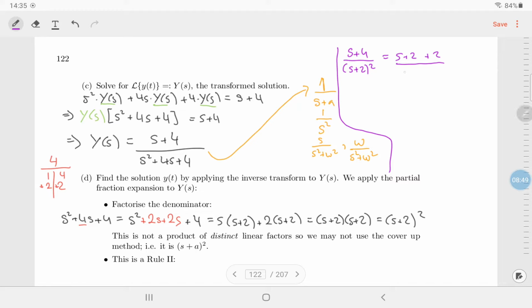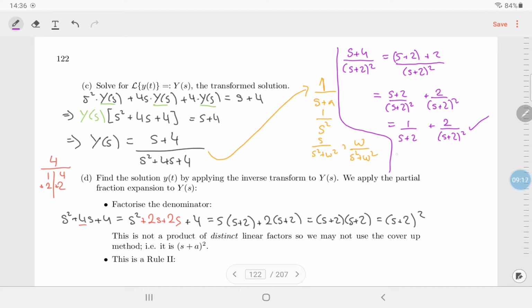You can still do it, but it's a bit messy. And then you can split this up as s plus 2 over s plus 2 squared plus 2 over s plus 2 squared. And then the first one you can divide above and below by s plus 2. And that is in fact the partial fraction expansion of it. So if there's rule 2s, there's sometimes a shortcut.